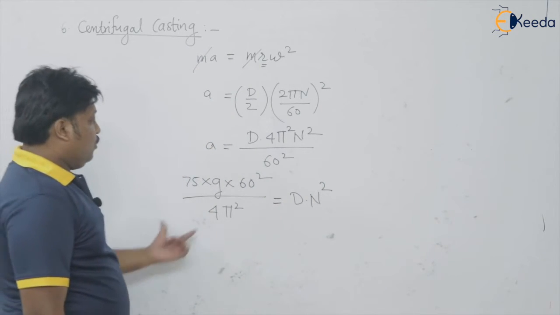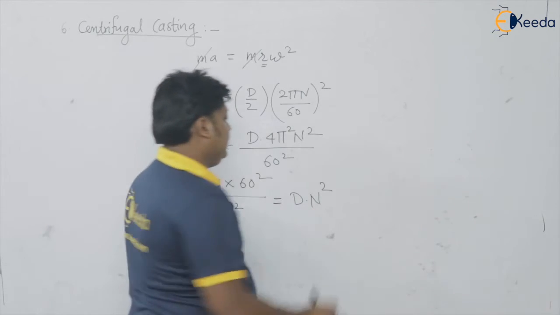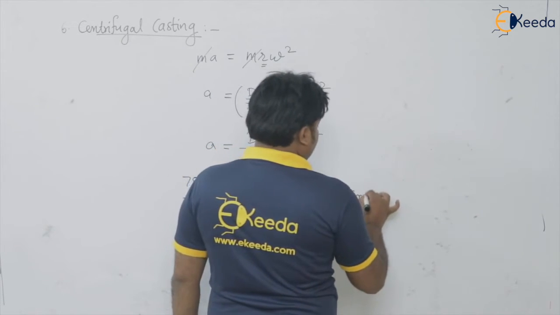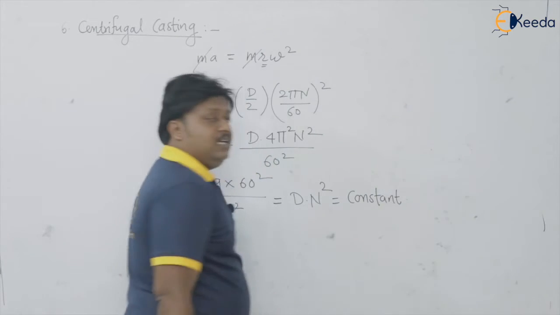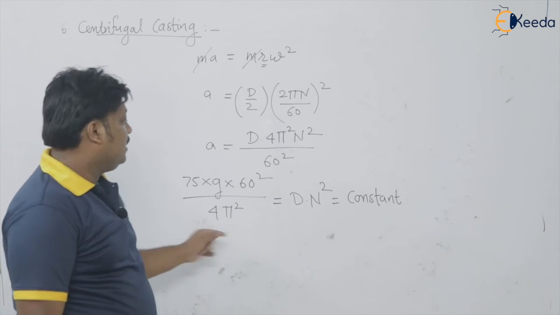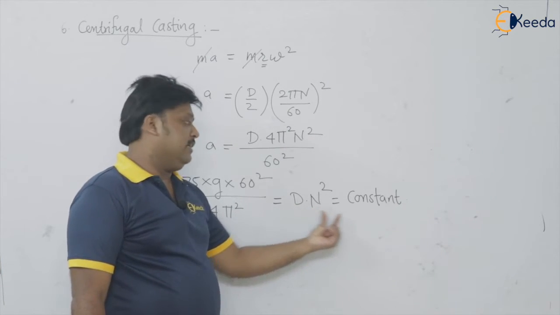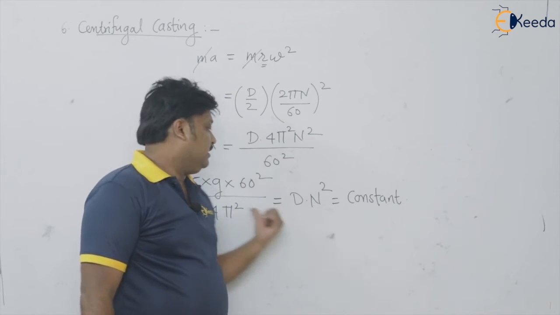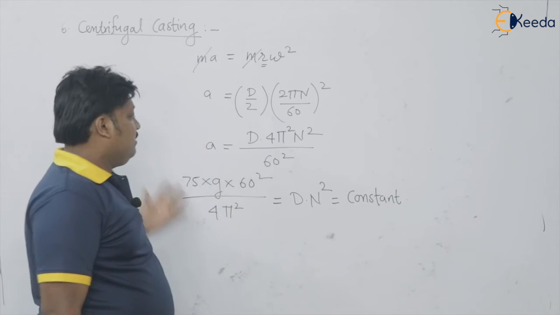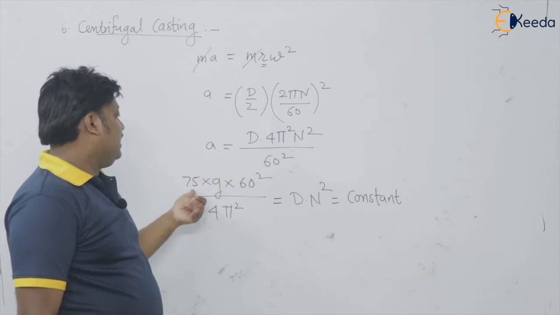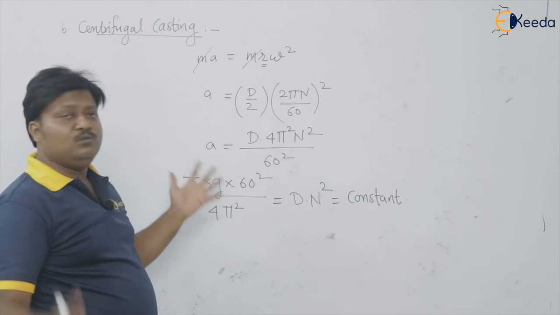Understood? So this value D into n square is nothing but the constant for this centrifugal casting process. Please remember, D into n square is the constant for the centrifugal casting technique. You can calculate the value. When I say the acceleration is 75 g, you can have 60 g, like that, 60 to 75 g.